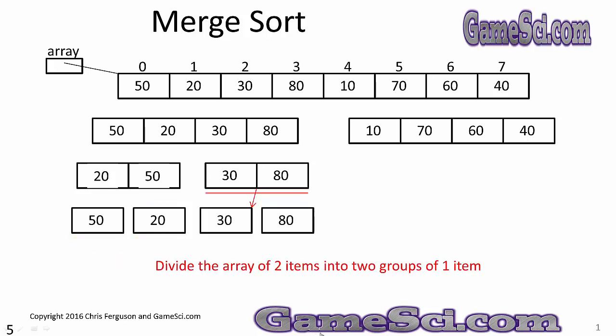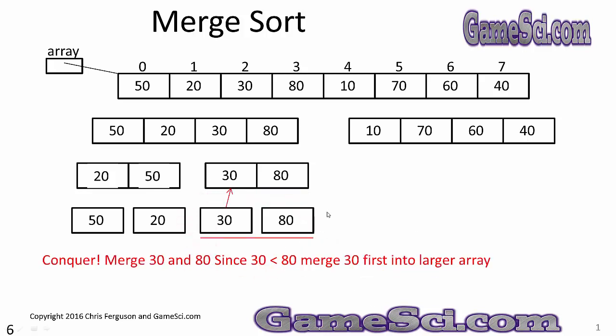Through the power of recursion, we're going to flip over to the right side, split my array of 2 items. Here's an array of 2 items. We're going to split that into 2 arrays of 1 item each. Once we're into 2 arrays of 1 item each, there's no way to split it anymore. It's time to conquer. We'll merge the 30 and 80.